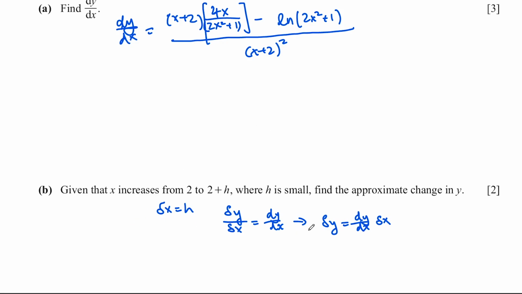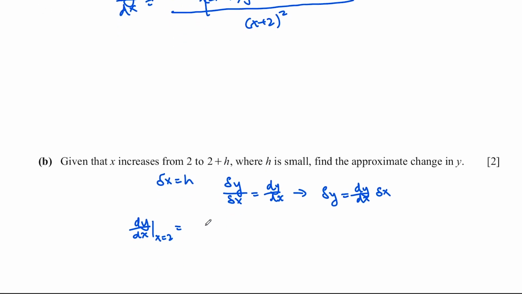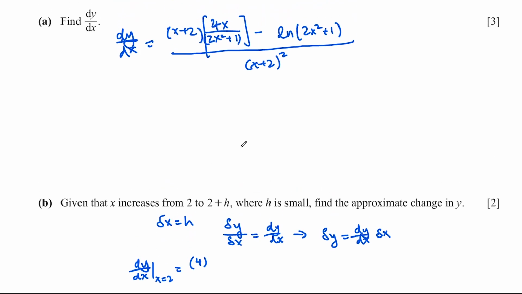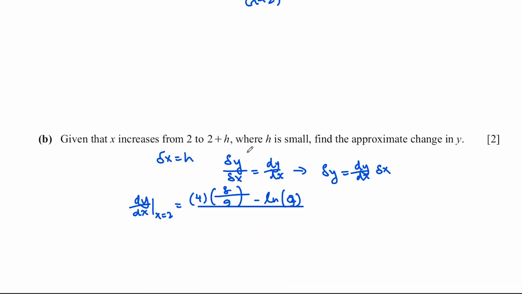So all we need to do is evaluate the derivative at x = 2. You can directly substitute it in, or if you know how to use your calculator to type it, that's even better. Right, so the derivative evaluated at x = 2 results in this value, and so the corresponding change in y will be 0.0849h.